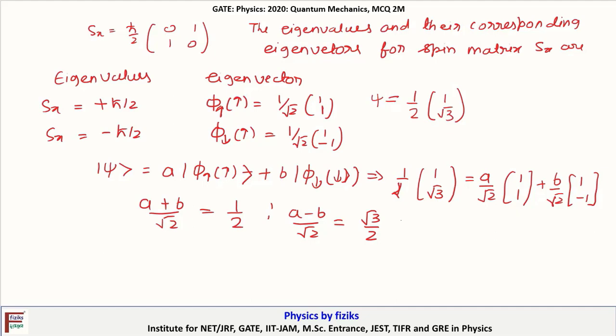So from here we can write it down. A plus b is equal to 1 by root 2. A minus b is equal to root 3 by root 2.